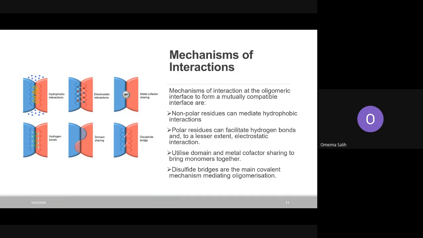The type of covalent bonding, as I mentioned, is not highly frequent, but it is evident within protein-protein interactions: the disulfide bonds or bridges. And this leads, of course, to oligomerization between the two polypeptide chains, and it's a strong or permanent type of protein-protein interaction.